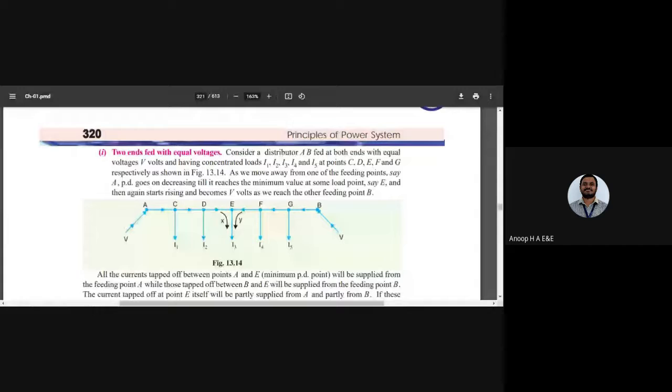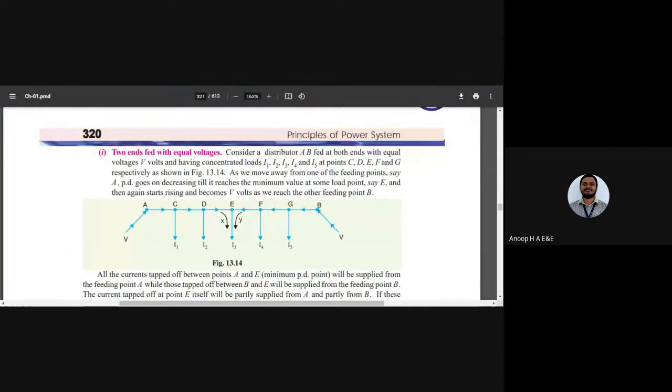Now I have these concentrated loads, with equal voltages V volts at the ends, having currents I1, I2, I3, I4, and I5 at C, D, E, F, and G respectively.